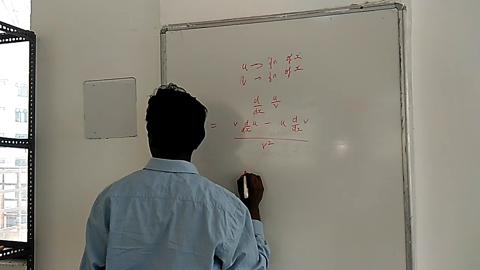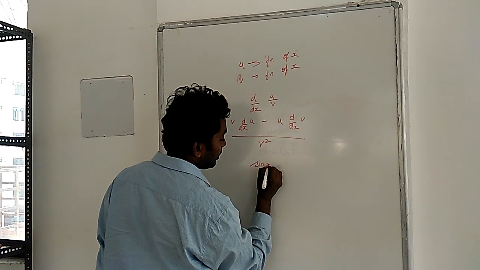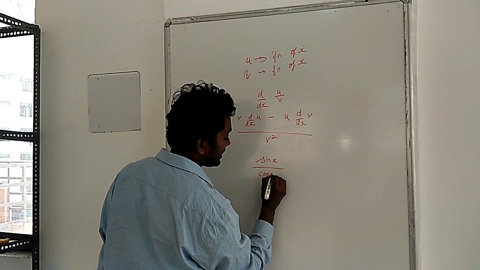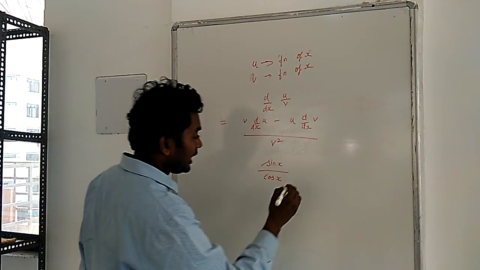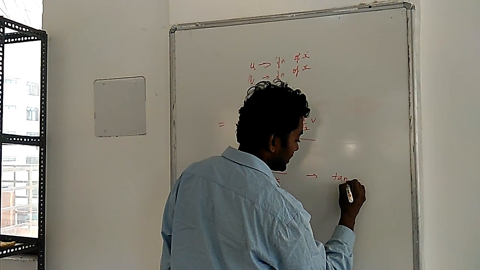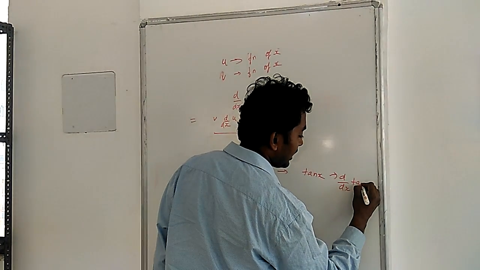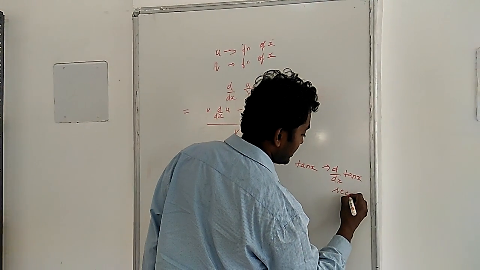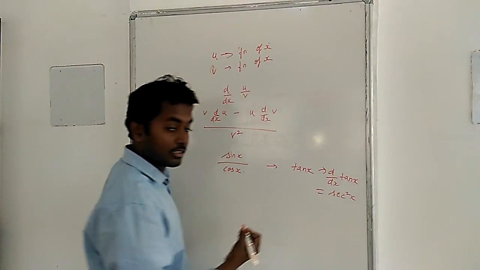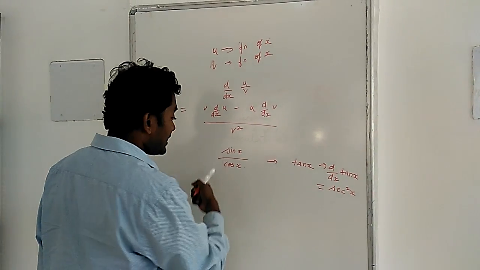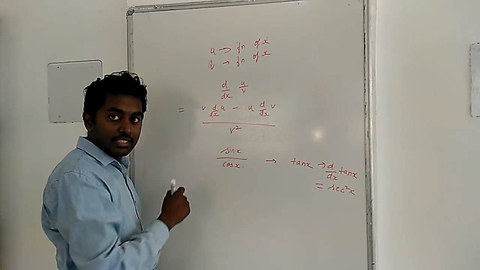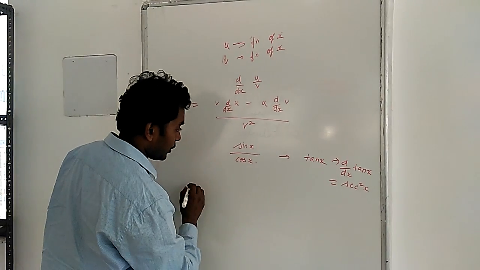So now I find the derivative of sin x upon cos x. We already know sin x upon cos x is tan x, and d by dx of tan x will give us secant square x, or sec square x. Let's see if by the u by v rule we get the same output.